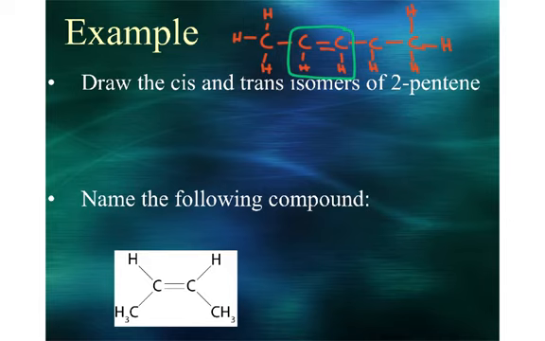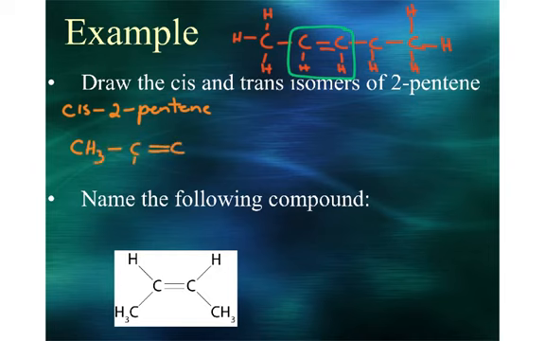So for the first one, let's do a cis 2-pentene. That's similar to what I've just drawn. CH3, C double bond C. I'm going to pull the H's out to show them on the same side, either both up or both down. The other ones, oops, I forgot an H over here. The other ones, I'm just going to tuck them in.